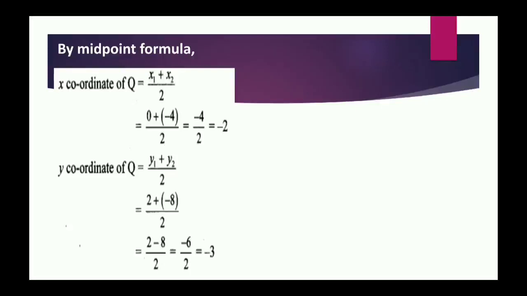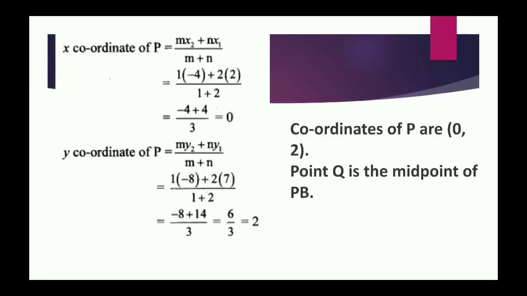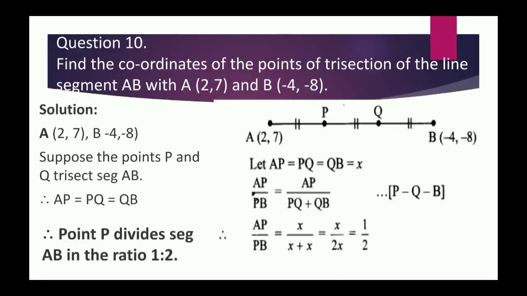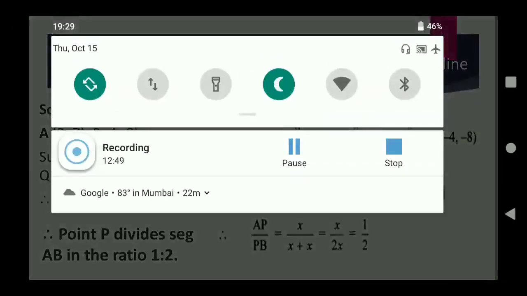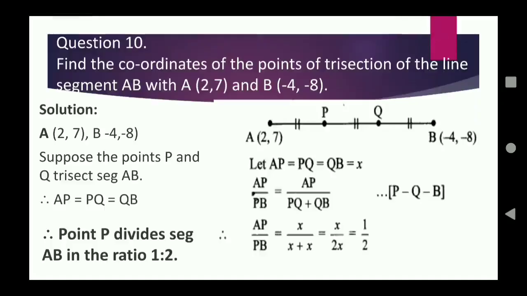Now we are going to find the coordinate of Q. Q is the midpoint of PB. So let's see the figure. Now if we observe the figure, children, Q is the midpoint of segment PB.